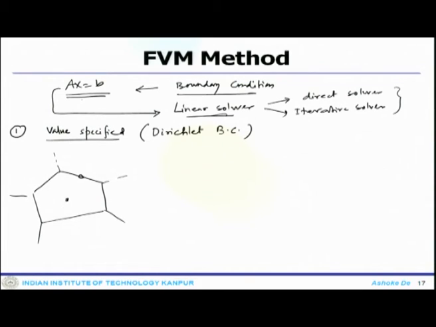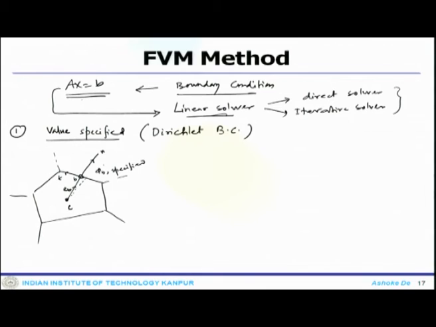Now, this is your C center and this is connecting, and this would be the normal. Okay. And this is where your phi b, this is the boundary surface, this is T, this is specified. Okay. This is the point B and this is EB.